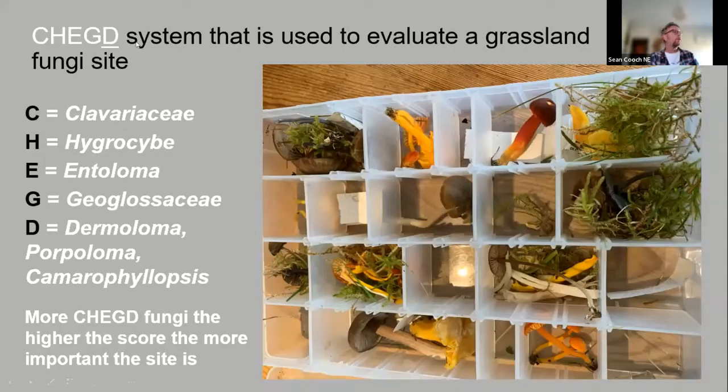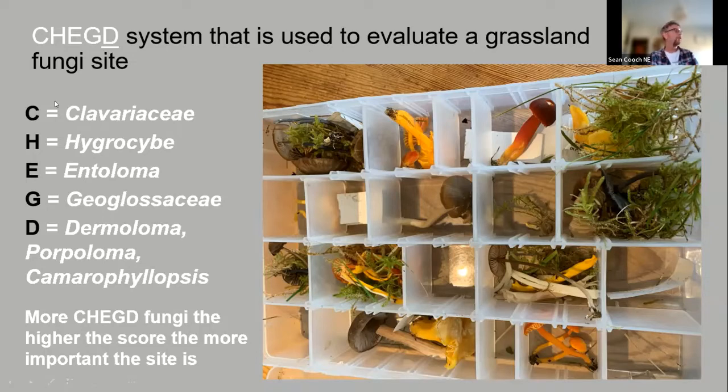Anyway, for those that don't know, or just as a refresher, what we're looking at is what are now termed the CHEG-D series of fungi. And in my collection box there is a nice selection of what I found on a survey last November.